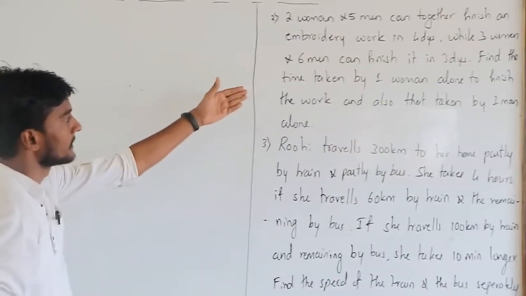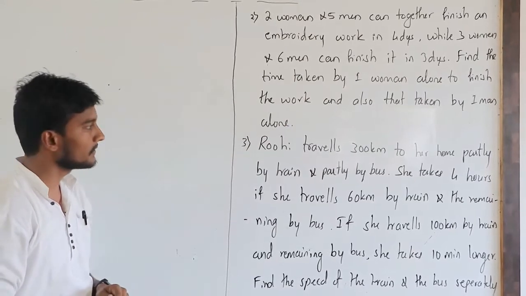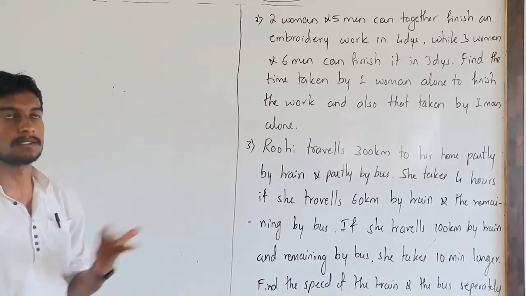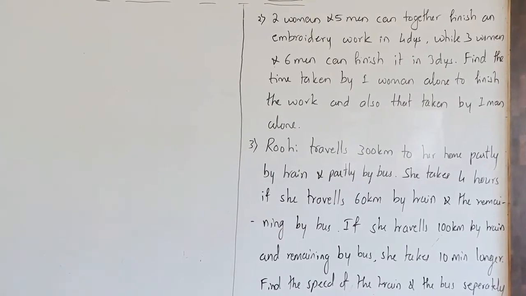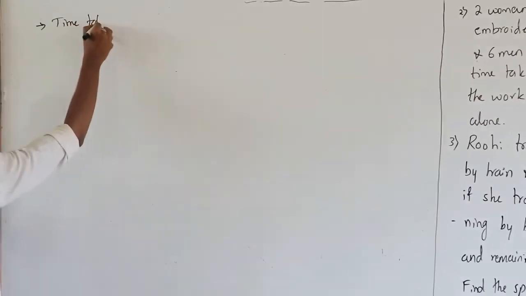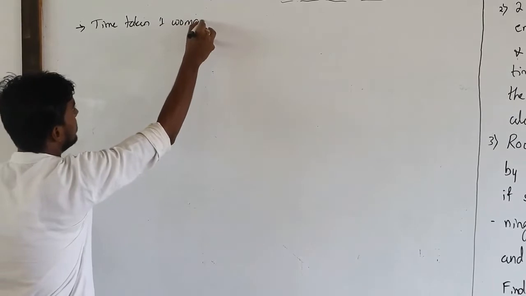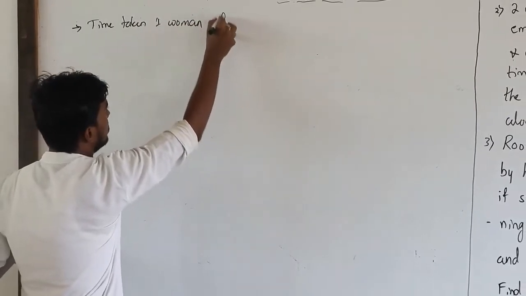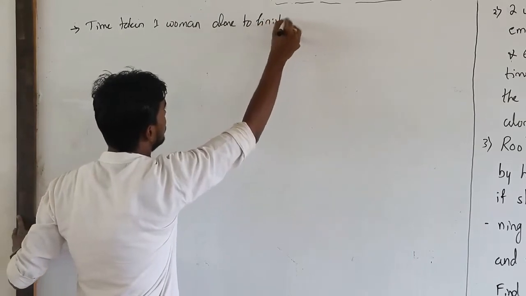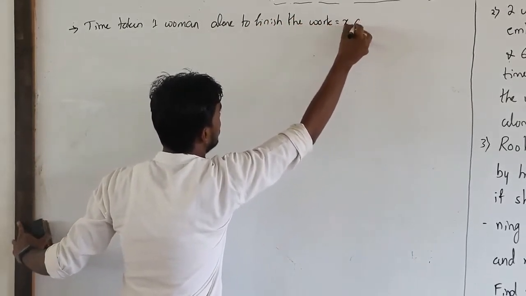They ask us to find the time taken by one woman alone to finish the work, and also the time taken by one man alone. So let us consider the time taken by one woman alone to finish the work is equal to X days.